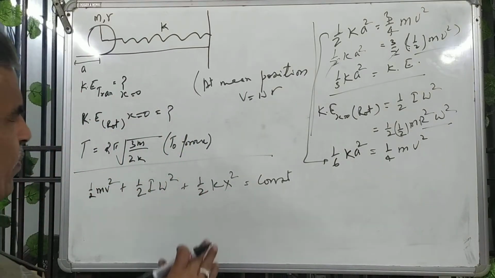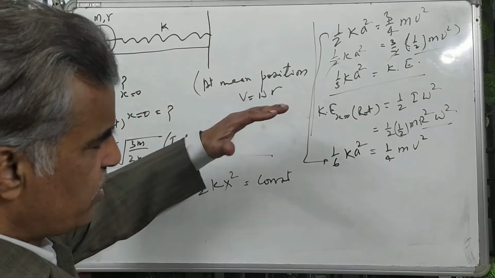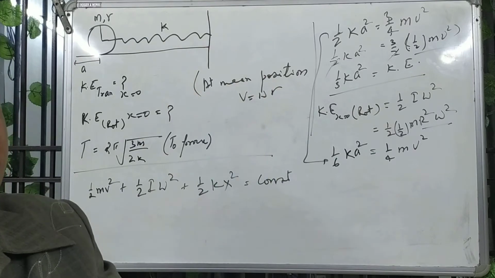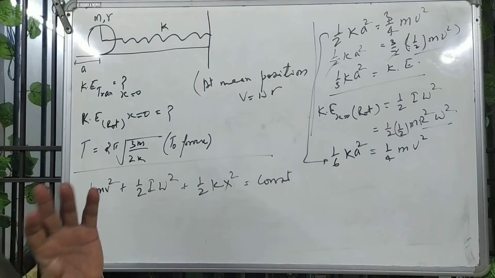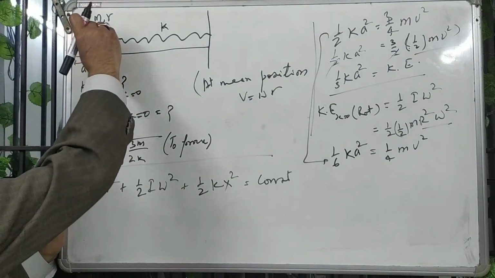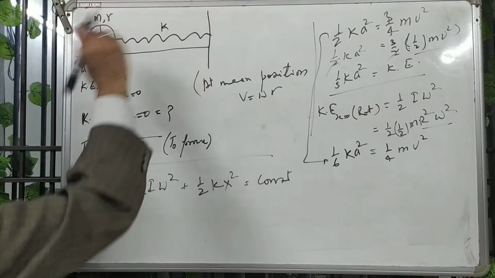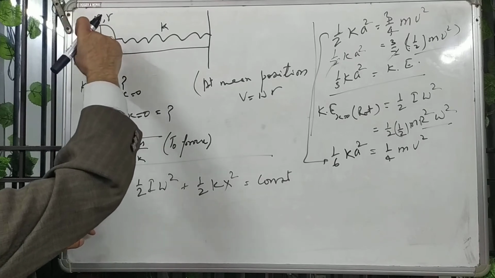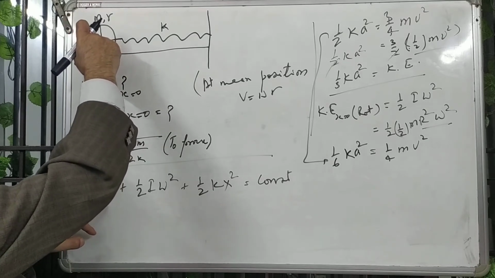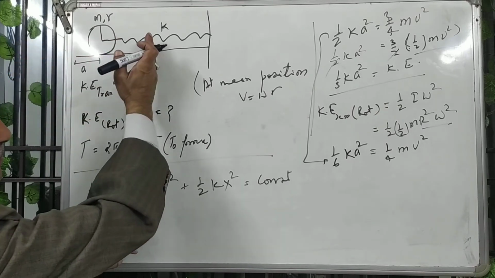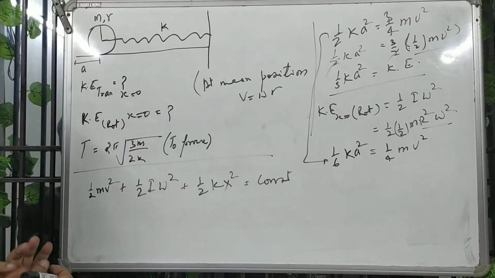So now the technique is that you have to differentiate it. A very simple way to find the time period. This is a system, and this is rolling. So there will be translational kinetic energy, and it is rotating about this point, and the spring is compressed, potential energy of the spring.